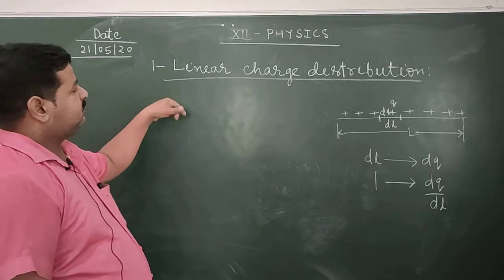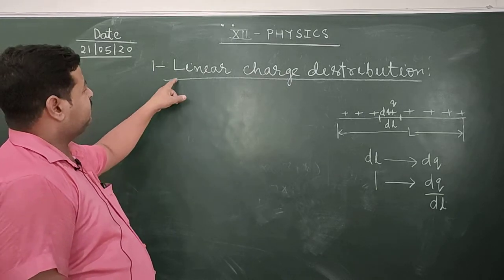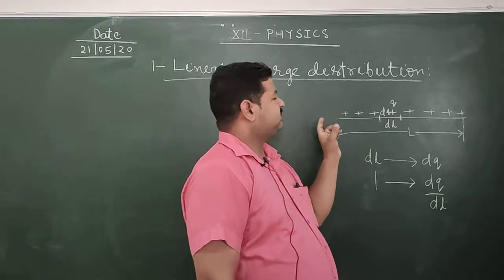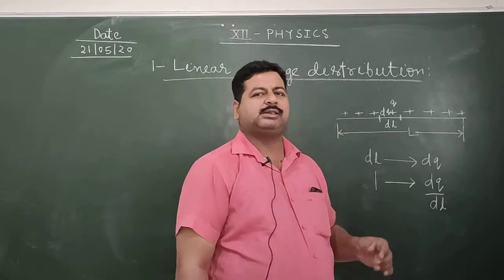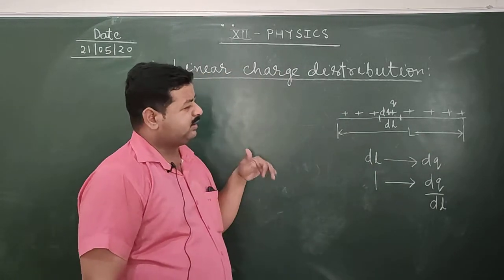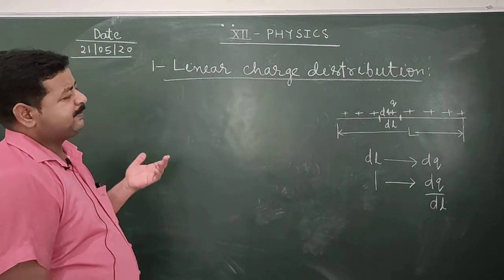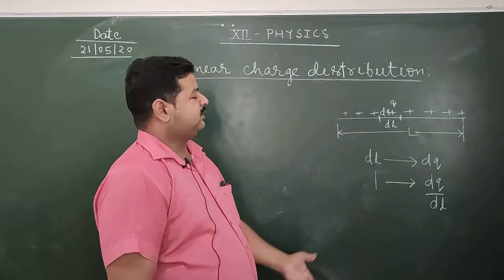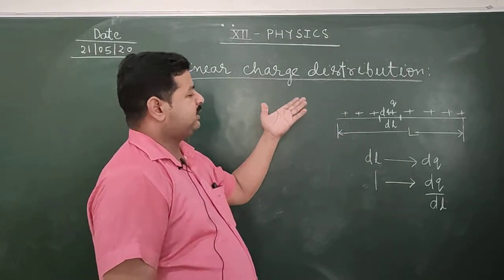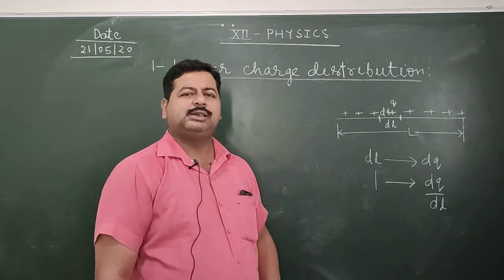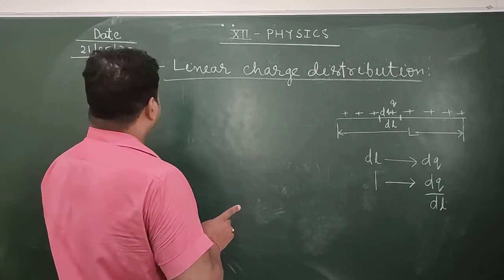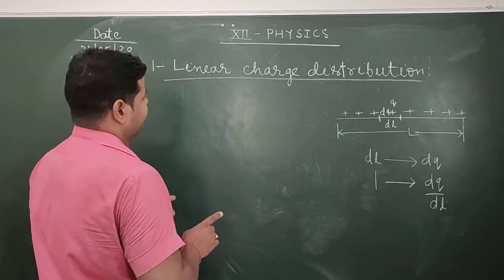Clear? So I repeat again, what is linear charge distribution? When charge is given on an object and the charge is distributed in a one dimensional manner, then it is known as linear charge distribution, and charge per unit length on that object is said to be linear charge density, and linear charge density is represented by lambda.